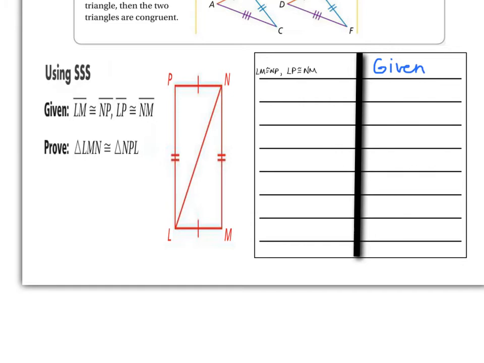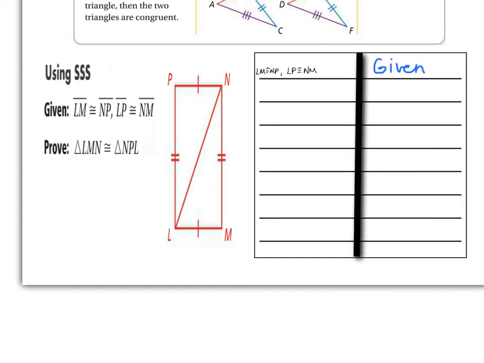Now, obviously there's no angles here that are marked or that have been labeled congruent. So we don't have enough information to mark any angles congruent, so we're not going to use definition of congruent figures. But as we look at this, you'll notice the diagonal line here. If you were to take these 2 triangles and separate them, they would both have this line that they share, which is NL.